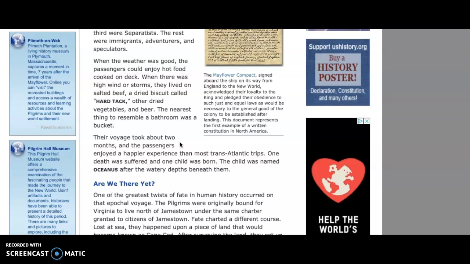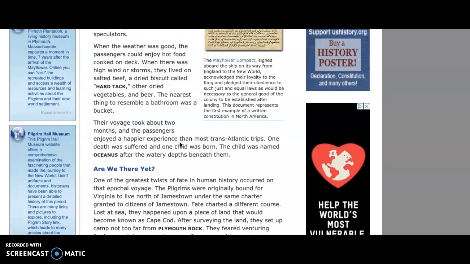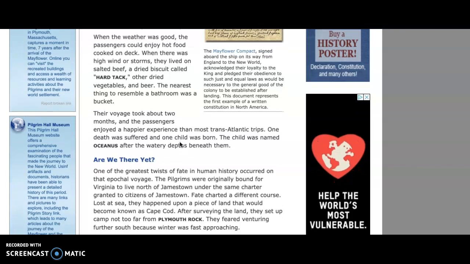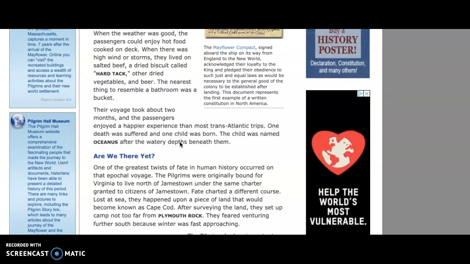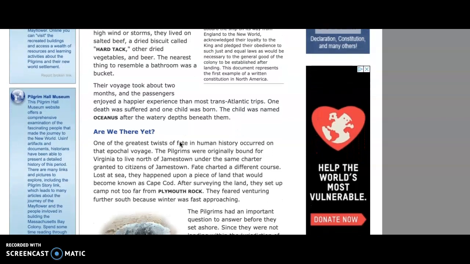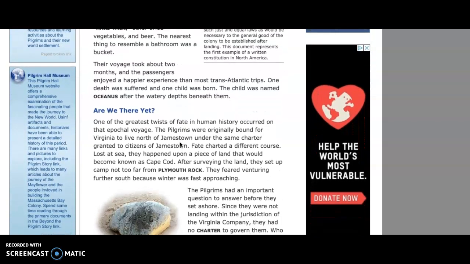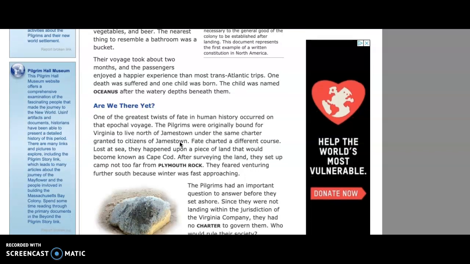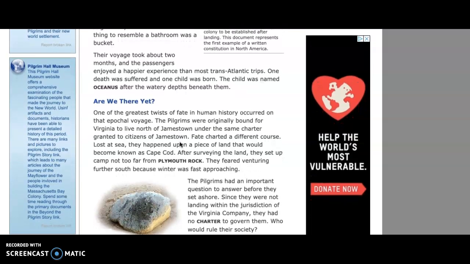Their voyage took about 2 months, and the passengers enjoyed a happier experience than most transatlantic trips. One death was suffered, and one child was born. The child was named Oceanus, after the watery depths beneath them. Are we there yet? One of the greatest twists of fate in human history occurred on that epic voyage.